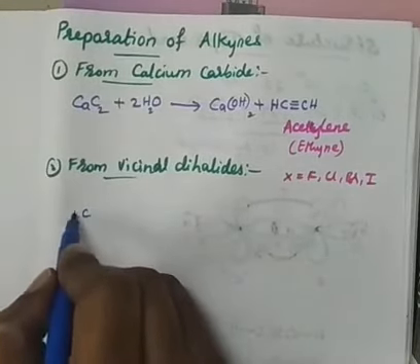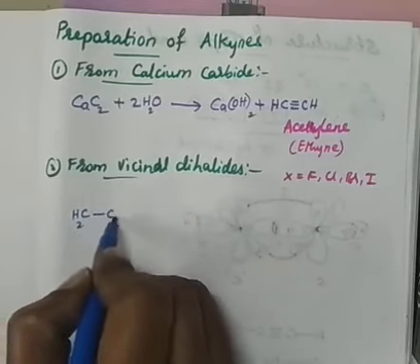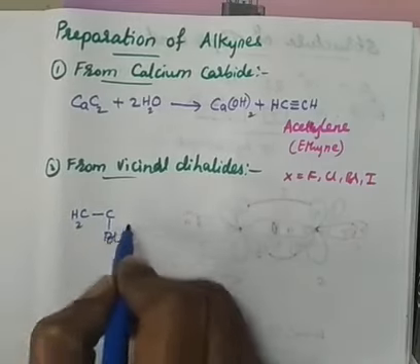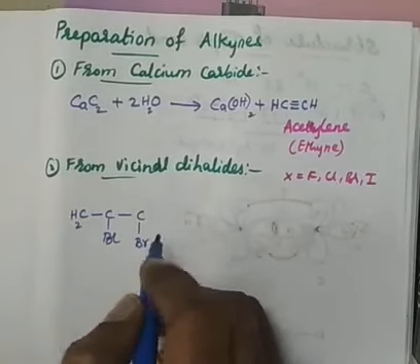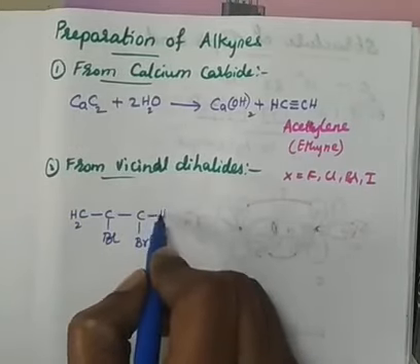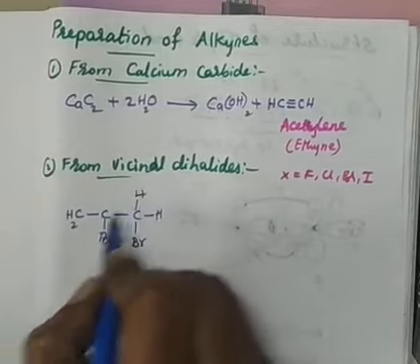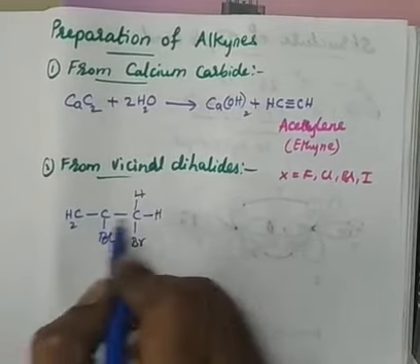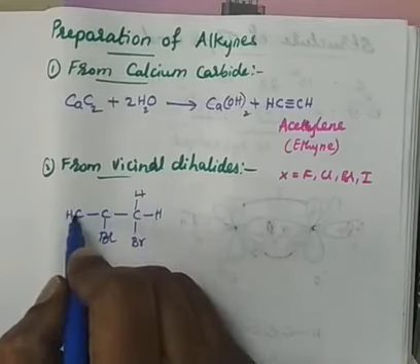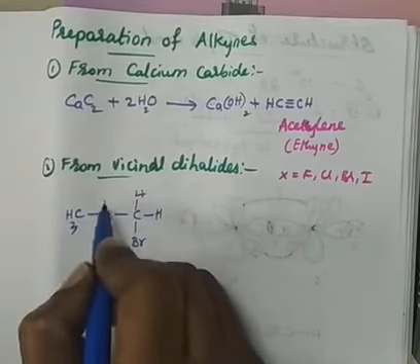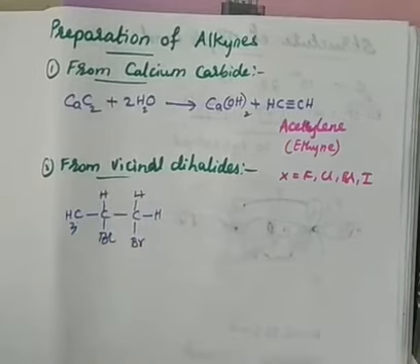For example, let me take CH2, C, here one halogen, and if the adjacent carbon is having one more halogen, I call it a vicinal dihalide. 1, 2, 3. Three carbons only for this. So we write one hydrogen here.